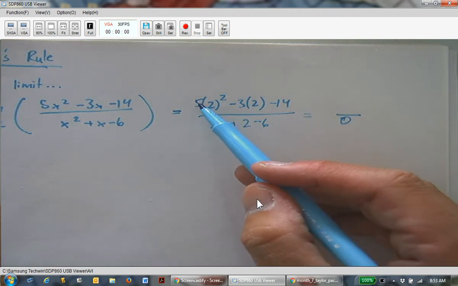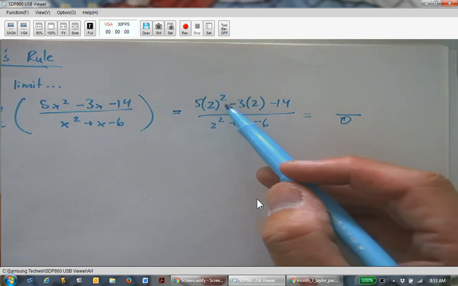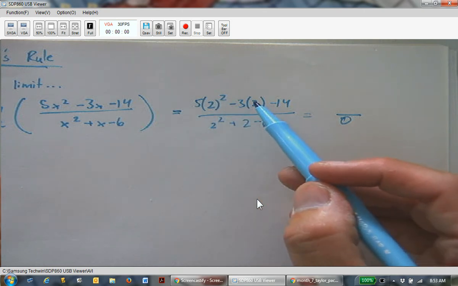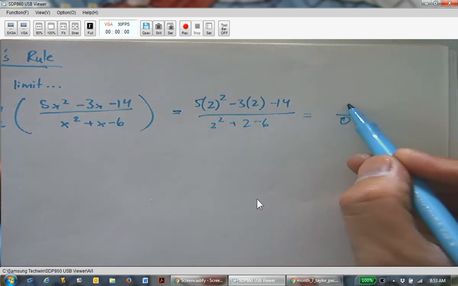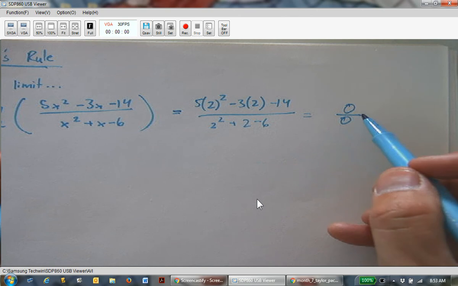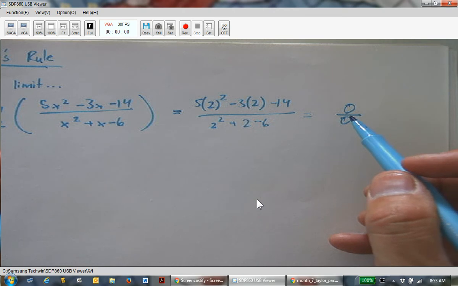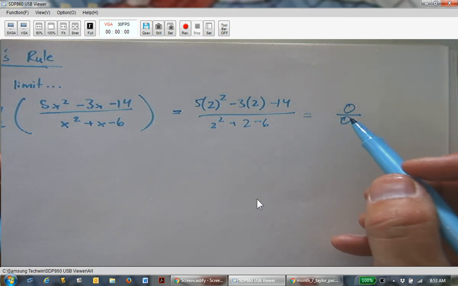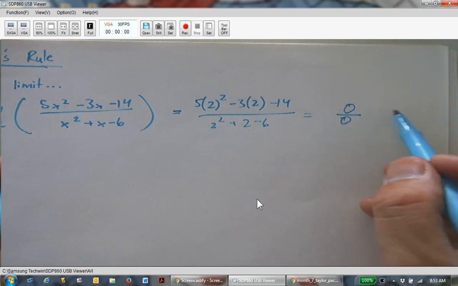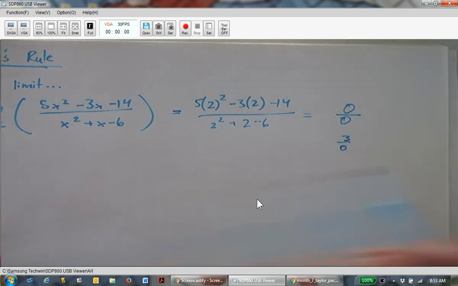And then 5 times 4, so it's 2 squared, that's 4, that's 20 minus 6, that's 14 minus 14, that is 0. In fact, guys, this is not nothing, it's just indeterminate, okay? It's not a number that is divided by 0, because what would that lead us to?